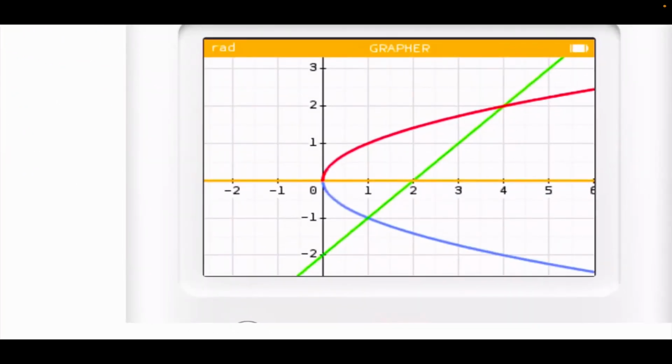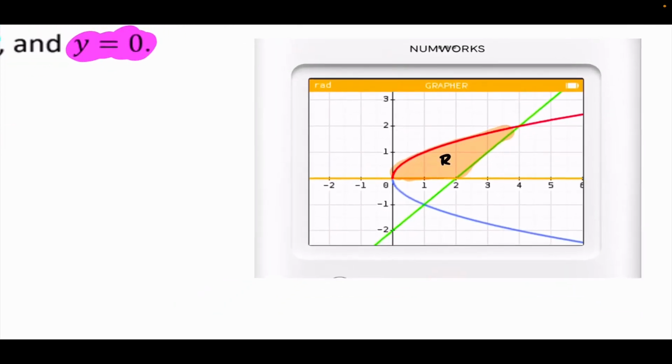That is going to be this area right here, the orange area. Call it R1, or just R. That's the region we're talking about.